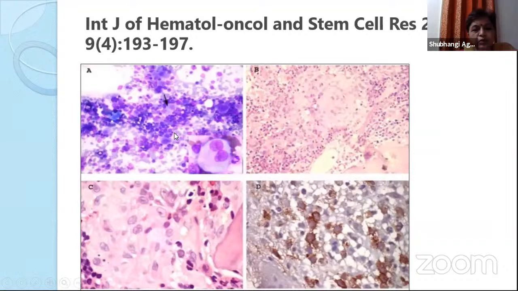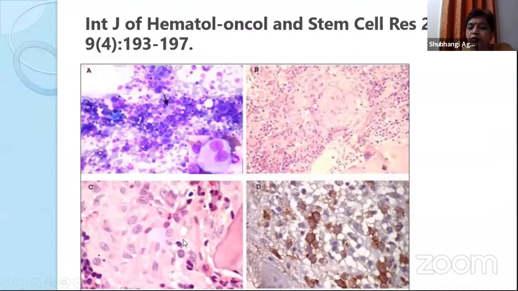whereas when the biopsy was done, there were sheets of cells involving the bone marrow. Here, this is low power and this is the high power, which is showing nice histiocytic cells with irregular nuclear membrane present in sheets with few other hematopoietic cells.